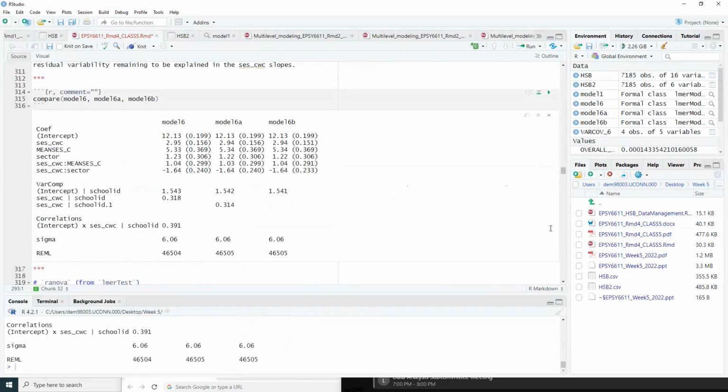Okay. So here's my compare models. And again, when you just look at the deviances across these three models, remember, model 6 has the lowest deviance, but the change from model 6A to model 6B in terms of deviance is basically negligible. This is also kind of interesting, and this is a place where either the test bar or doing things a piece at a time can be helpful, I don't really care how you do it.